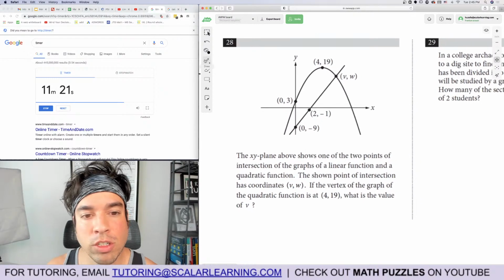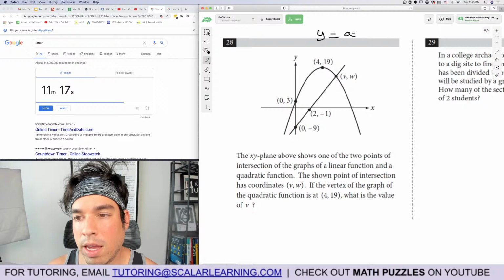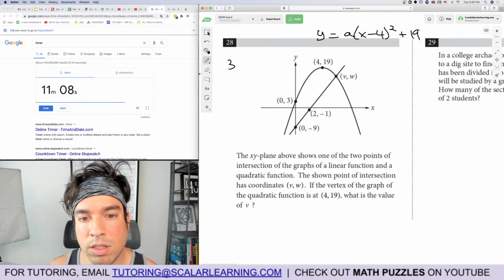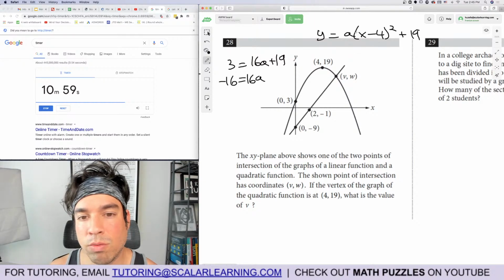So the equation of the quadratic is going to be y equals a times x minus 4 squared, this is vertex form, plus 19. And then if we have a point of 0, 3, that means if I plug in 3 and 0, I get 16a plus 19. That's negative 16 equals 16a. A equals negative 1.